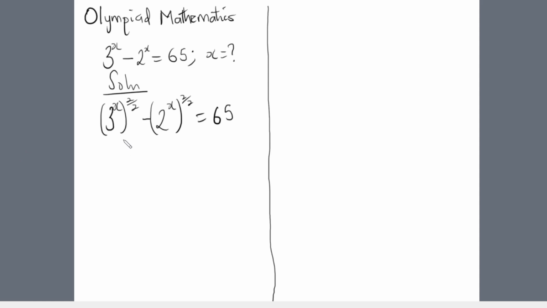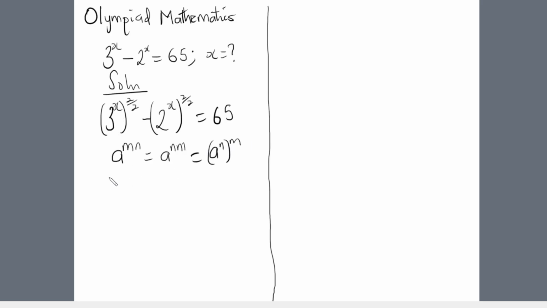Now, 3 to the power of x. Remember, by the laws of indices, if you have a to the power of m, n, it's the same thing as a to the power of n, m, which can also be written as a to the power of n, to the power of m. It means that you can switch the powers of the base a.